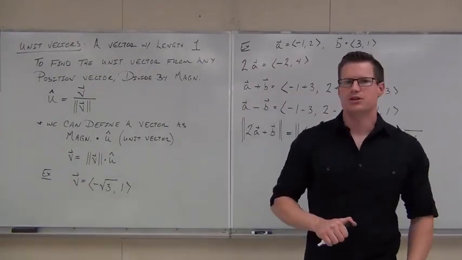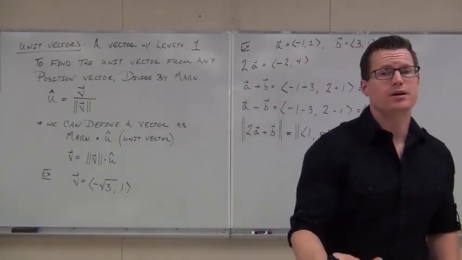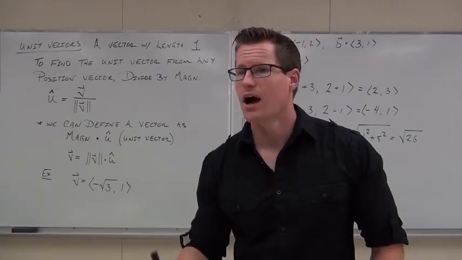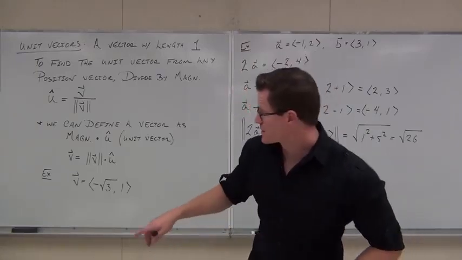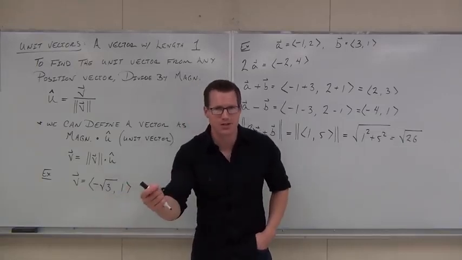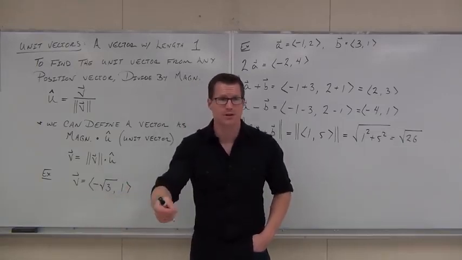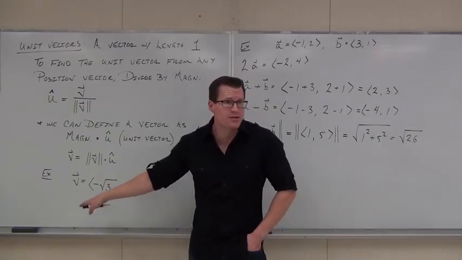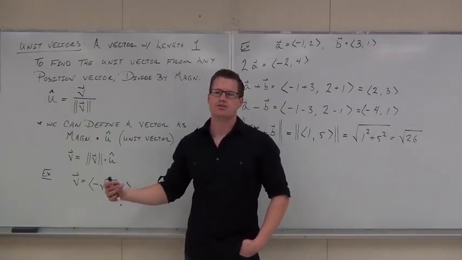So I want to find a unit vector. So here's what I'm saying. If I say I want to find a unit vector, I want to find a vector in the same direction as this, but having a length of how much? Come on, unit vector has a length of? 1. Perfect. I'm basically just looking for the direction of this vector. That's all I want. So let's try that.